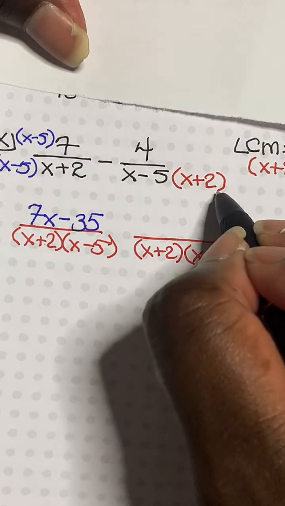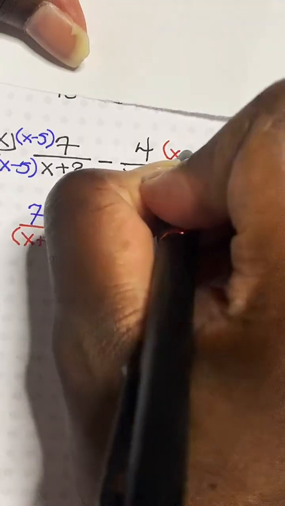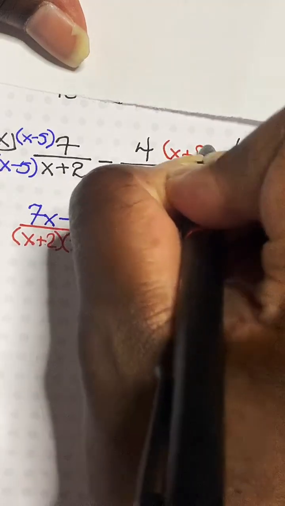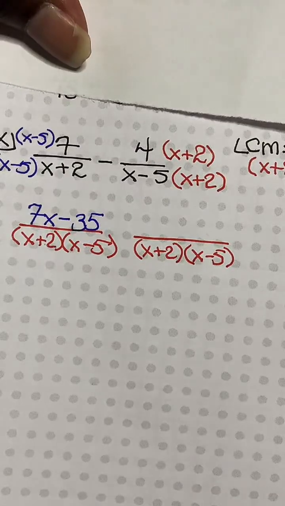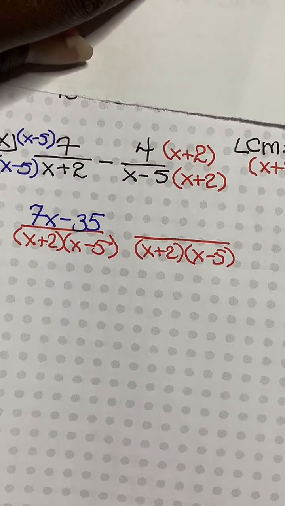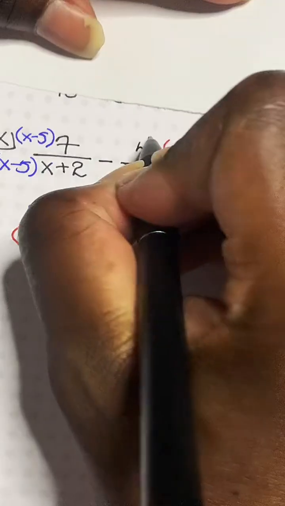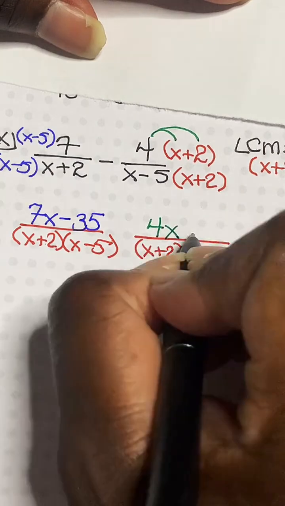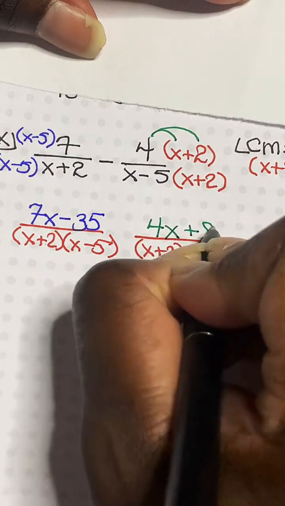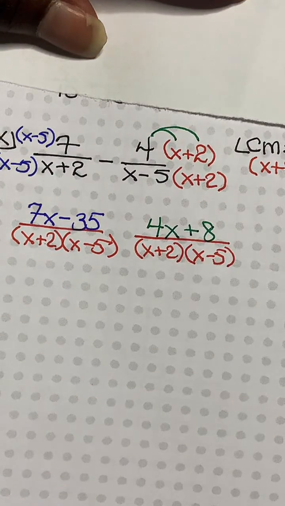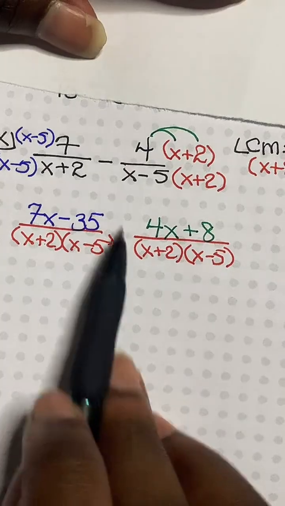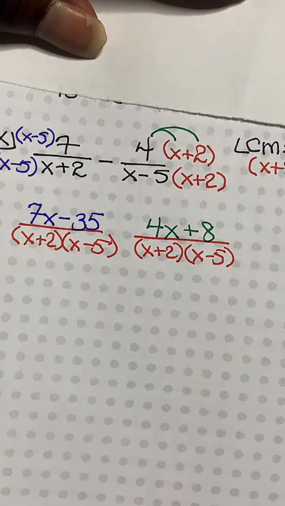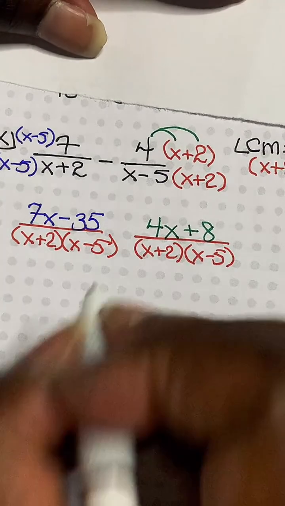And whatever I multiply in the denominator, I'm going to do in the numerator. So when I distribute this 4 to everything inside the parenthesis, I'm going to get 4x plus 8. What's missing is that minus sign that I have here. Let me just bring that on down.